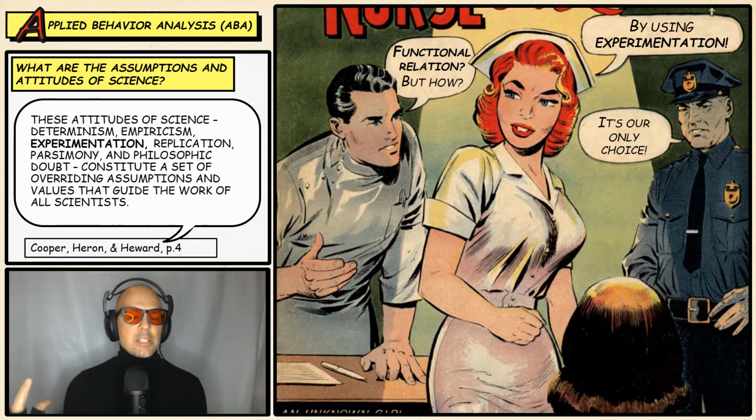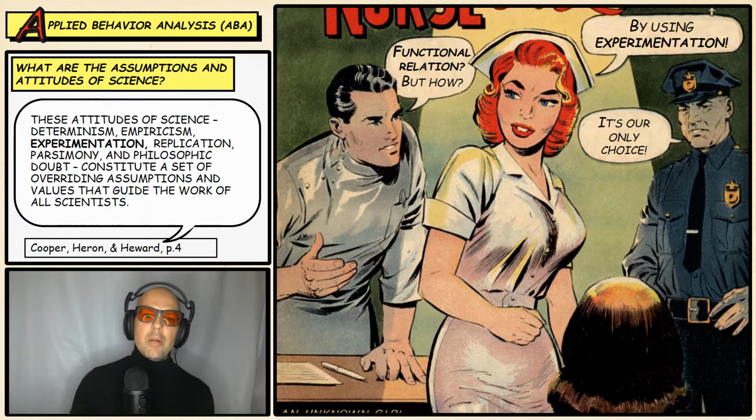So one aspect or one meaning of the term functional analysis is the demonstration of these functional relations between environmental variables, things that we can control, and behaviors, things that we're hoping to affect. Another way that the term is used in functional analysis of behavior is to refer to the specific experimental methodology for determining these environmental variables and the contingencies maintaining that problem behavior.